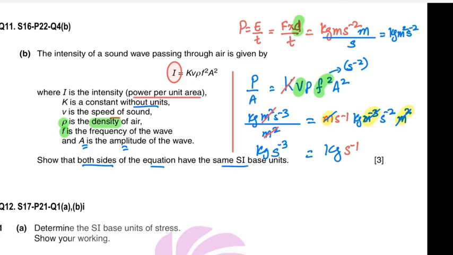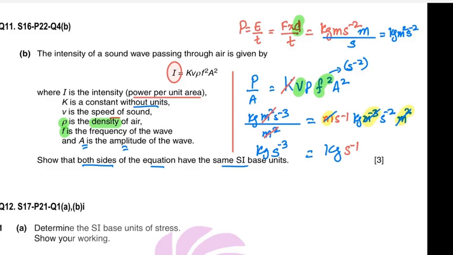Did we make a mistake in power? Speed of sound is also right. Power is work done upon time. Work done is force into distance. It's kg meter per second square into meters upon s. It's kg m square and s power minus 3.